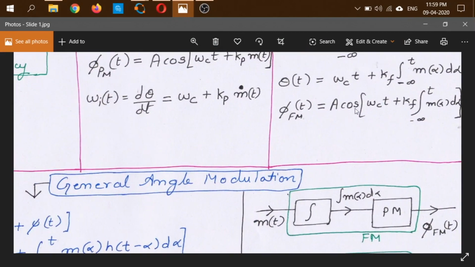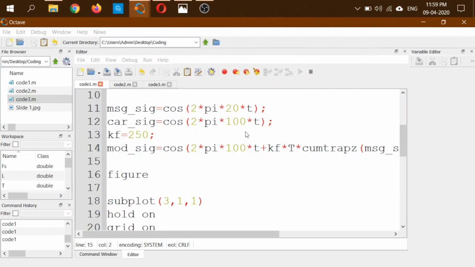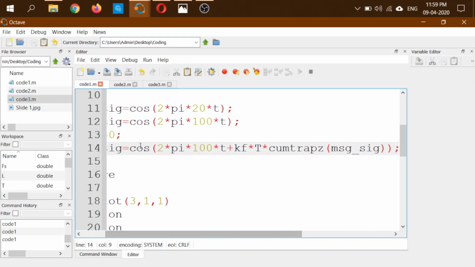It has to be cos omega ct plus kf into the integration of the signal m(t) from minus infinity to t. So we are writing here, I am assuming the value of A as 1, because the signal amplitude is taken as 1, and it is irrelevant in frequency modulation because amplitude will not be tampered with. Now cos of this omega ct, omega is 2 pi into frequency into t.